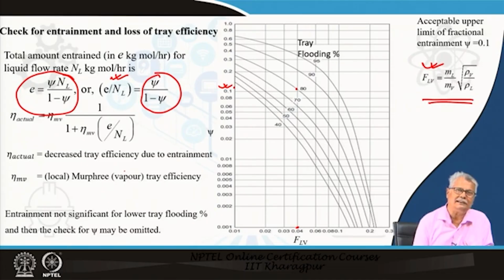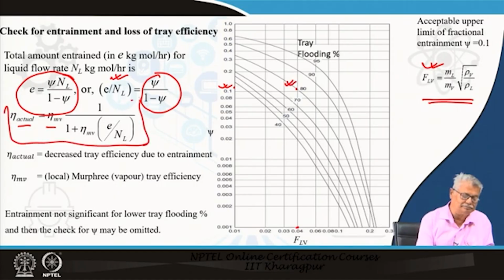The actual efficiency will be different from whatever has been there in this particular value, which is 80, and the change will be related by this particular expression. So, I have known the quantity which is here, I put it here, I recalculate my eta actual.